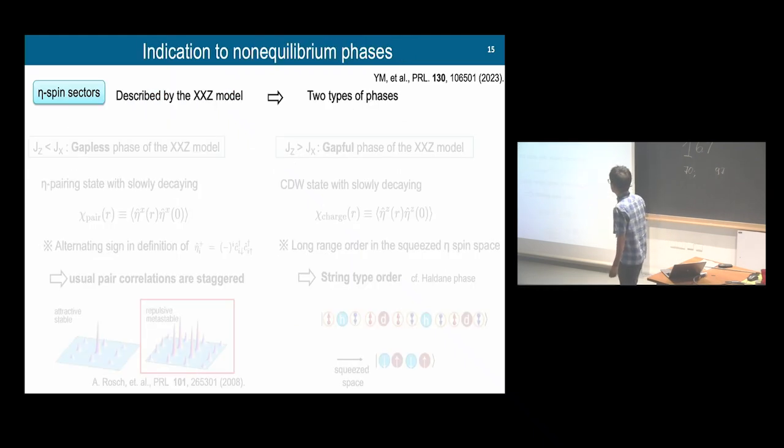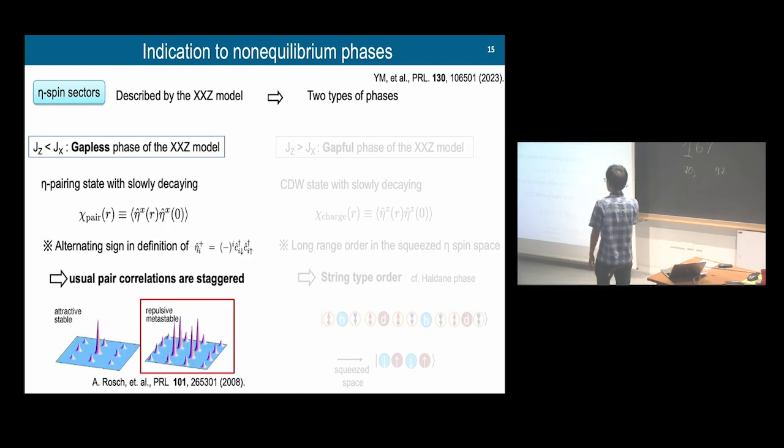Okay. So actually, we can tell many things from this expression, but here let me focus on the nonequilibrium phase diagram of the photodoped system at half filling. To this end, we focus on the eta spin sector, which is described by the XXZ model. As we know, we have two different types of phases in the XXZ model.